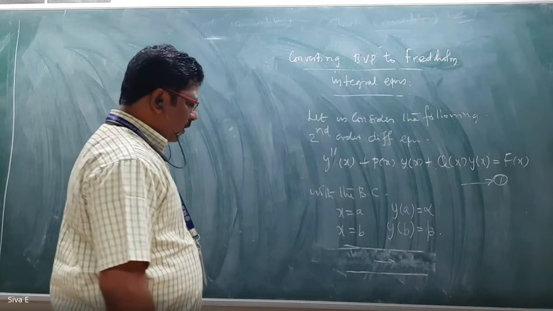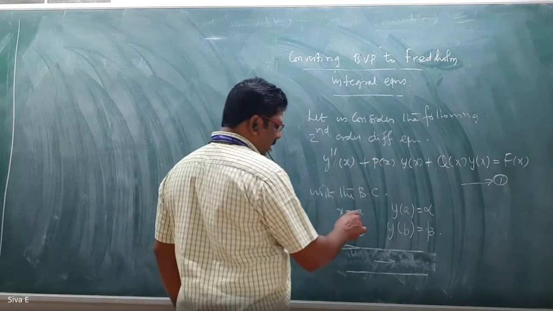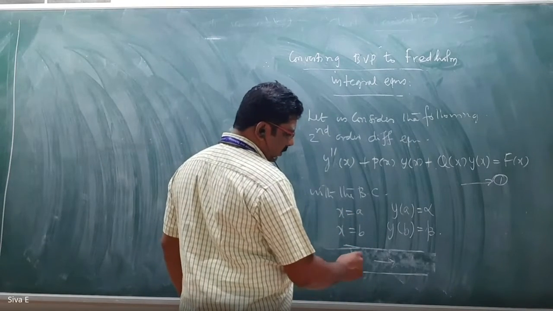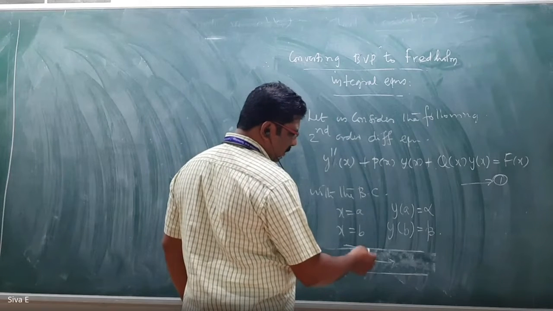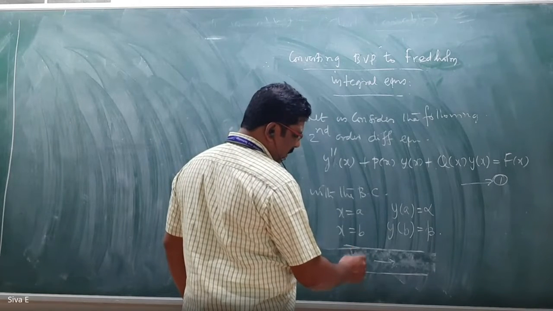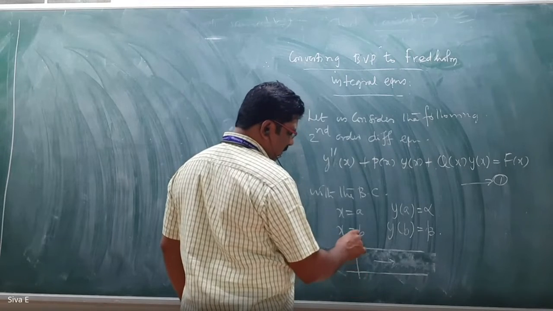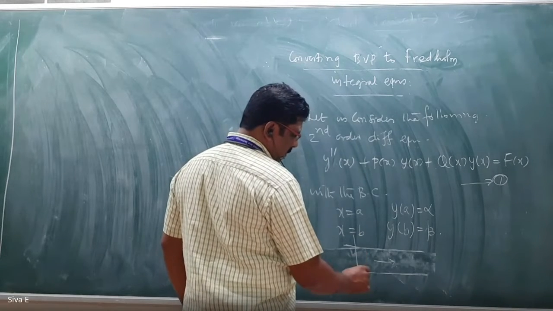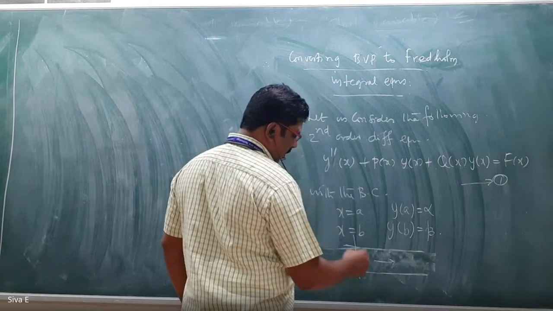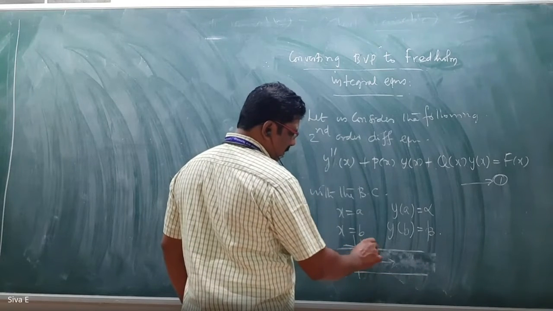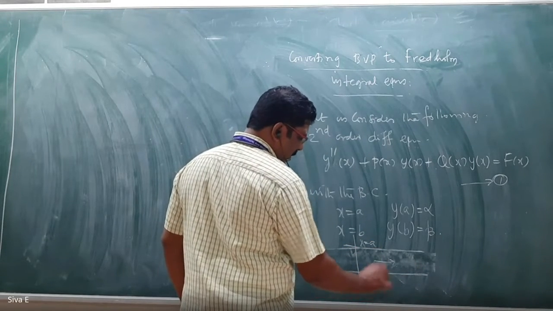Here it is x equals a, x equals b. I am taking this as the x-axis, this is the y-axis, and flow is along the y-axis.